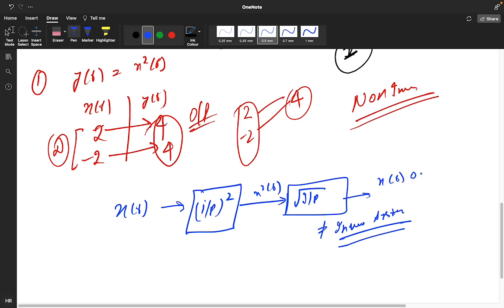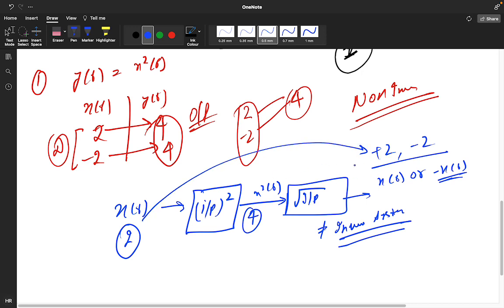So x of t or minus x of t we can get. If you put 2, you will get output 4. Then if you take the square root, plus 2 or minus 2 will come. So if plus 2 is coming, then it's fine, but if minus 2 is coming, then it's not fine. So this is not an invertible system.